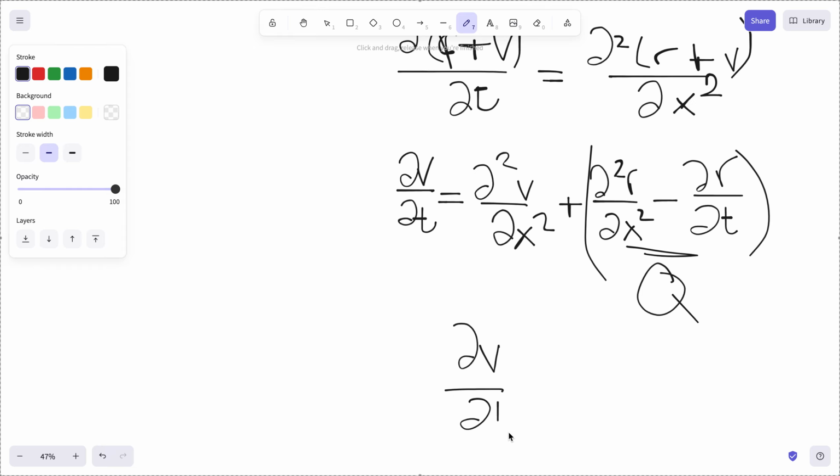And the question becomes, how do we solve it? Plus q bar.